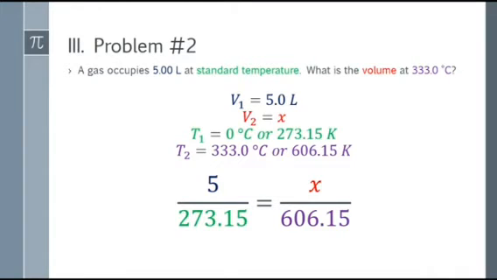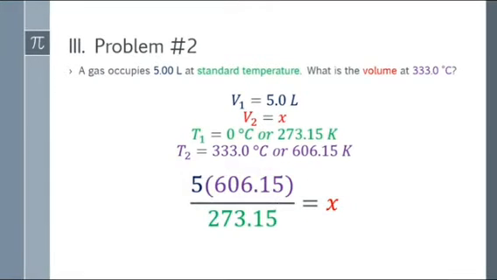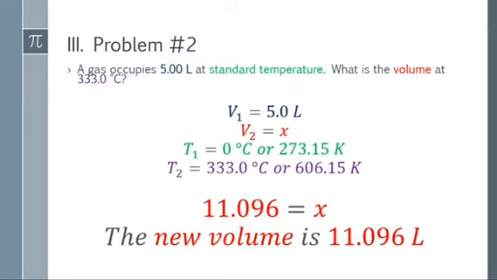Ngayon, mahanap na natin yung value ni X by cross-multiply. So, that will be 5 multiply mo sa 606.15. Yung sagot niyan, i-divide mo sa 273.15 and you will get an answer of 11.096. So the new volume is 11.096 liters.